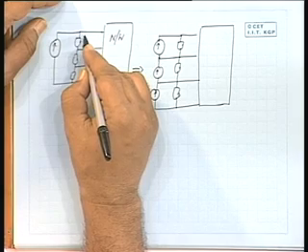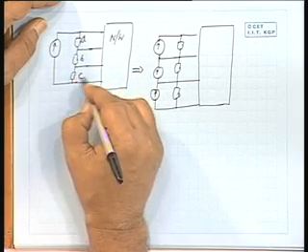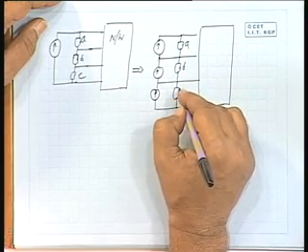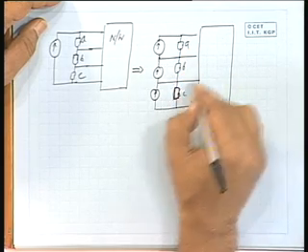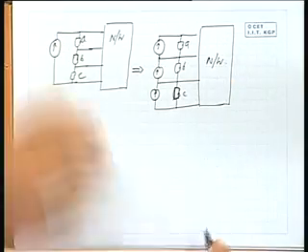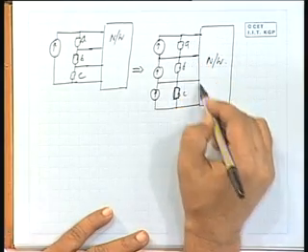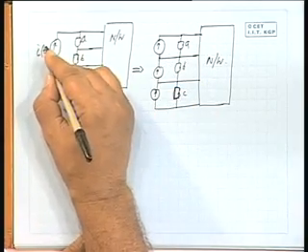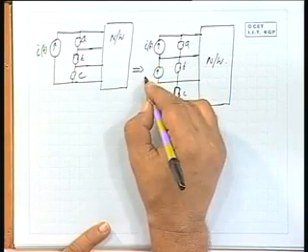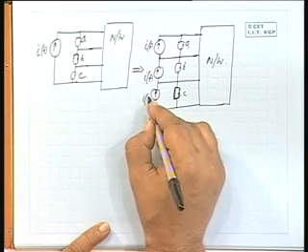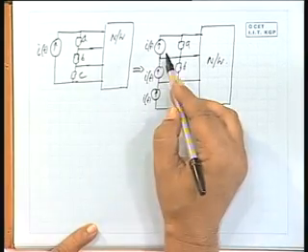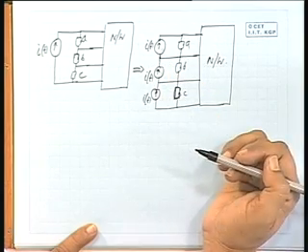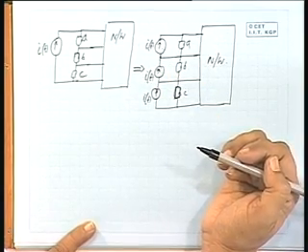I can show it like this. You can see the same IT, IT, IT, and so on. The same current source has been split up into 3 identical current sources in series. It is possible, all right.